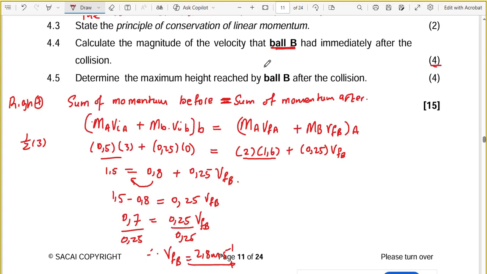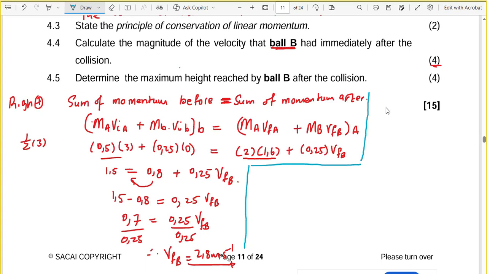When you work with this one, I'm just going to give you a short way, but I don't want you to apply this in an exam. I just want you to understand how this works, okay?